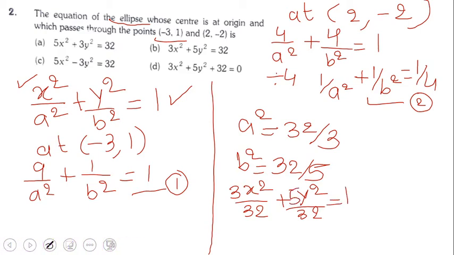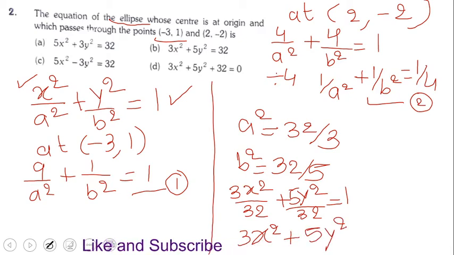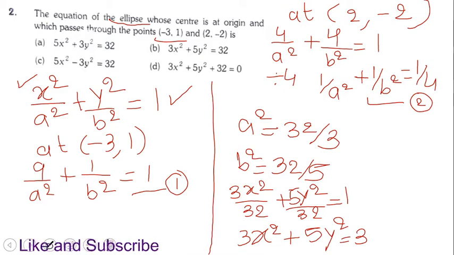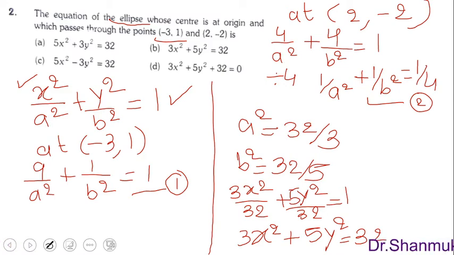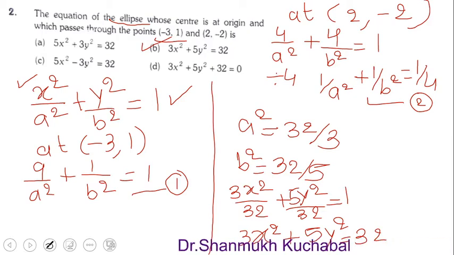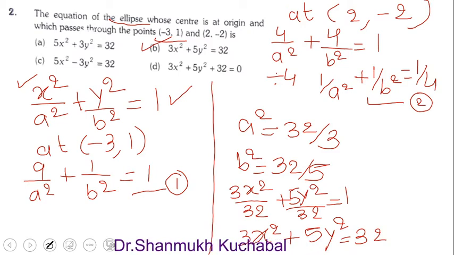Now 32 is the LCM, so we multiply the entire equation by 32, and we get 3x square plus 5y square equal to 32. Looking at this, we observe that option B is the right answer. 3x square plus 5y square equal to 32. Okay, you can take a screenshot of this.